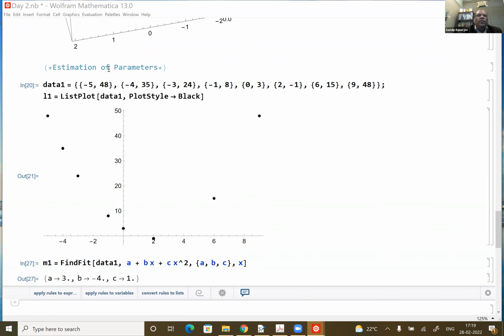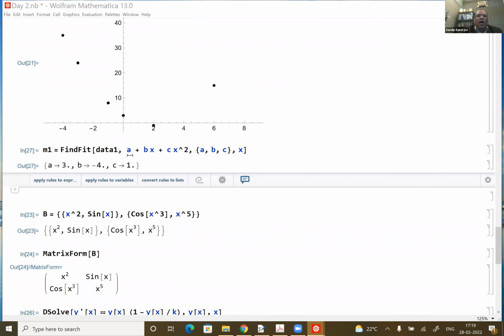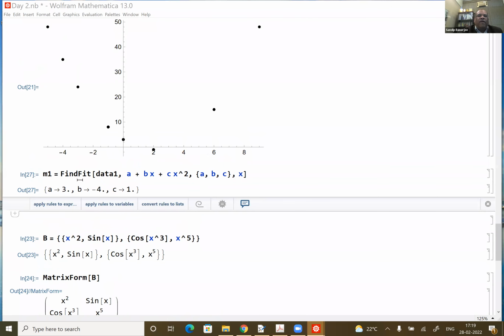So you have a set of data, which is this one. Then you plot this one. Now you want to find a function that will fit this data. Since this looks like a parabola, I have taken the equation of the parabola. I don't know what my A, B, C are, so A, B, C I need to estimate, and I have this X. I use the command FindFit, that is again one command. It quickly solves and gives you the values of A, B, and C.